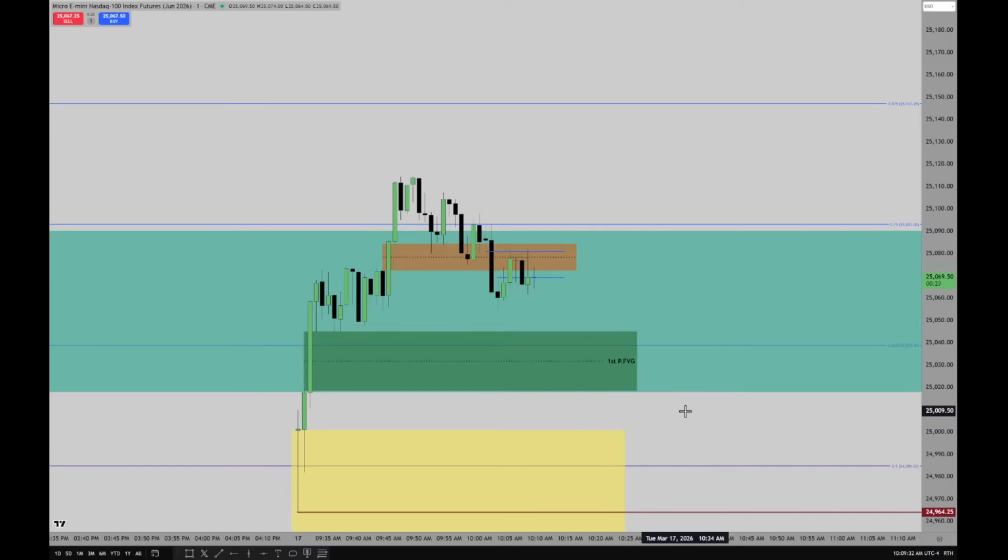Okay, so if it wants to trade down to the first presented fair value gap, I would want to see it start to do so on this candle or the very next candle.